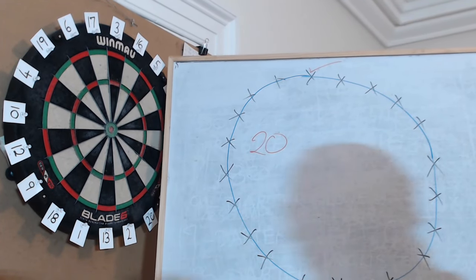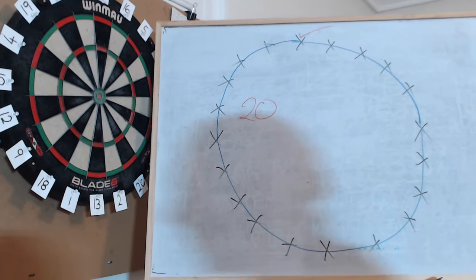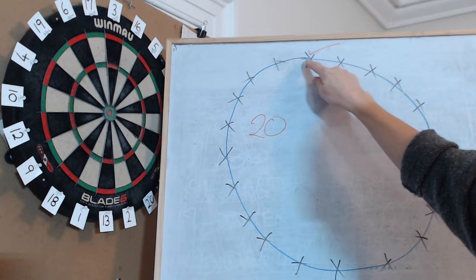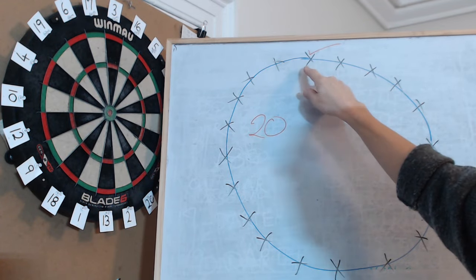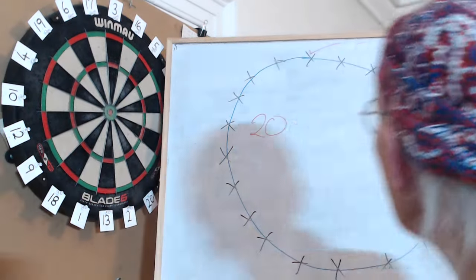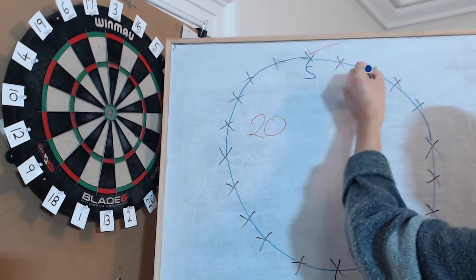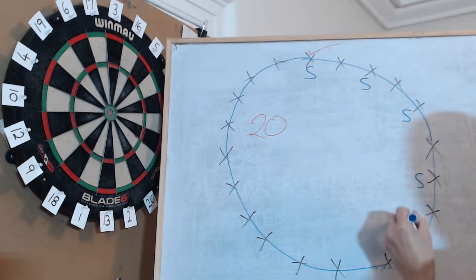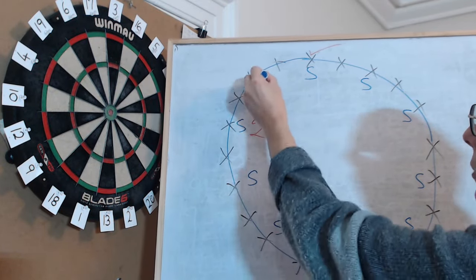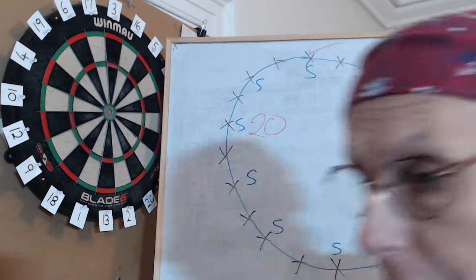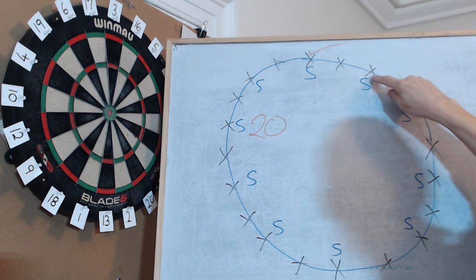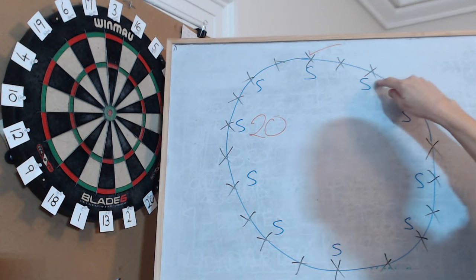I'm going to have to move the camera down now, I'm very sorry, just so you can see the bottom of the whiteboard there. So there's 20 ways of putting that first one in, but let's just say for the sake of argument, like we got just now, it was a small number, then all of these alternate ones have to be smalls. And the ones that I haven't labelled as small have to be large. That means that this one here, there's only 9 possible small numbers that can go there.